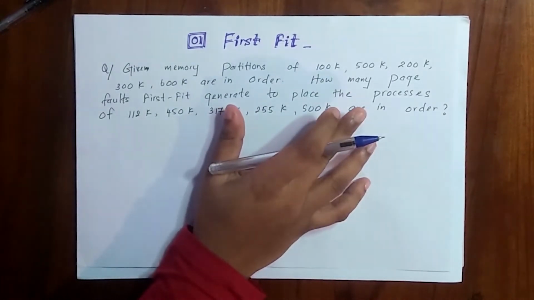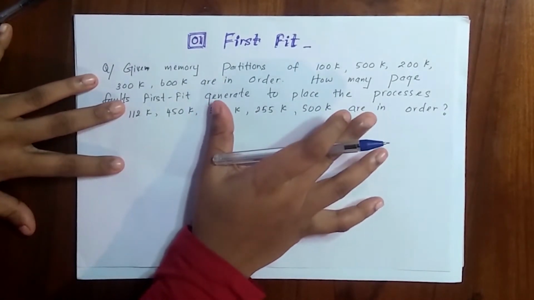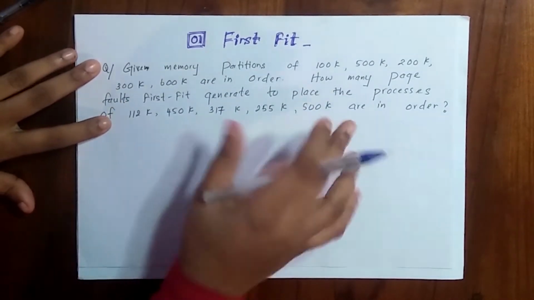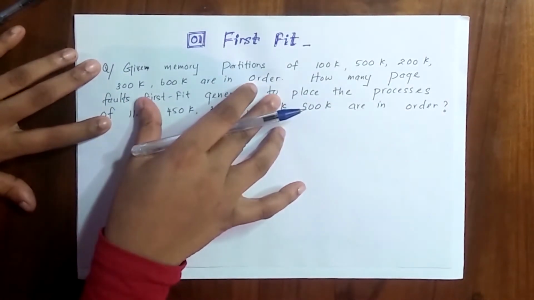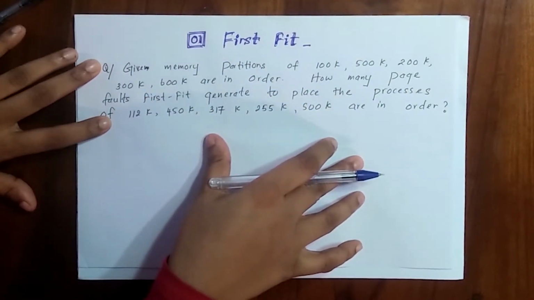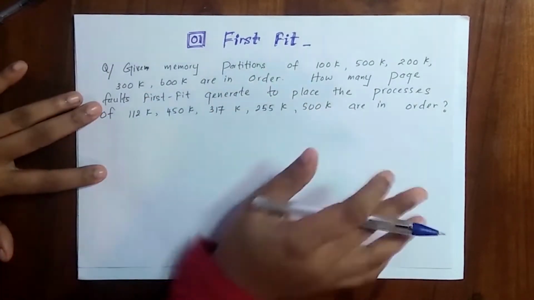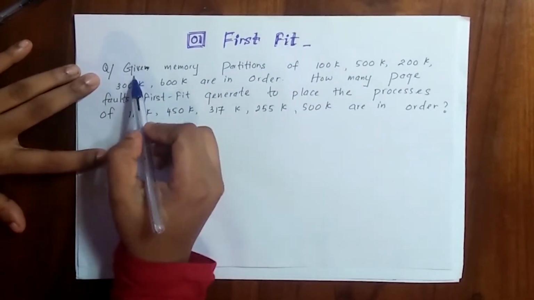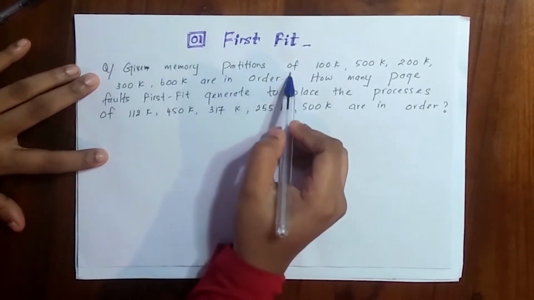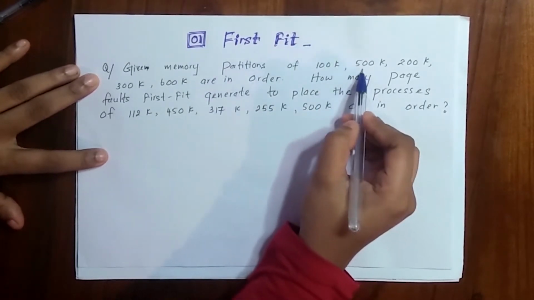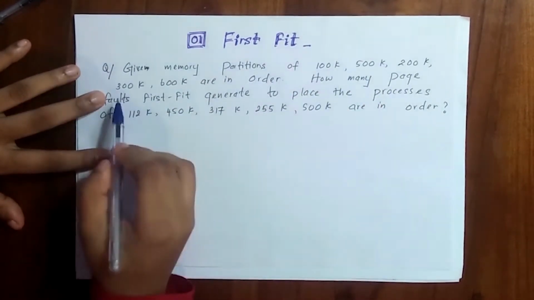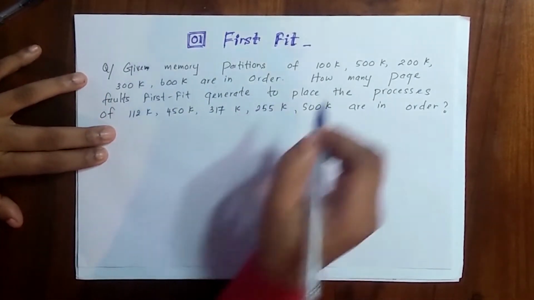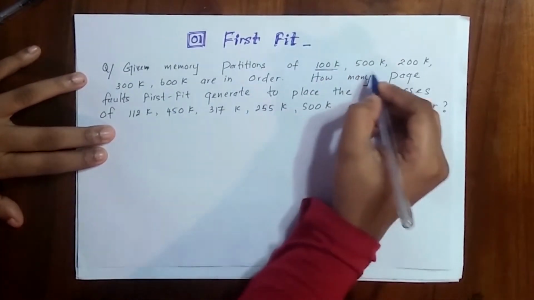In all these, first fit, best fit and worst fit, I am using the same question and I am doing it as a question, so it will be easy for you to understand. So let's see, given memory partitions of 100K, 500, 200, 300 and 600 are in order. So these are the partitions.